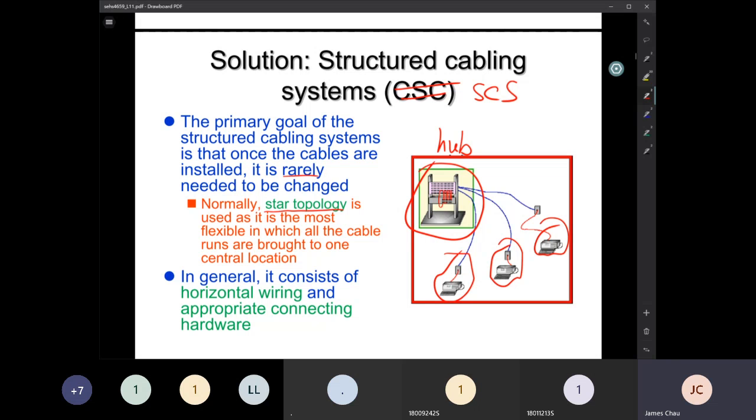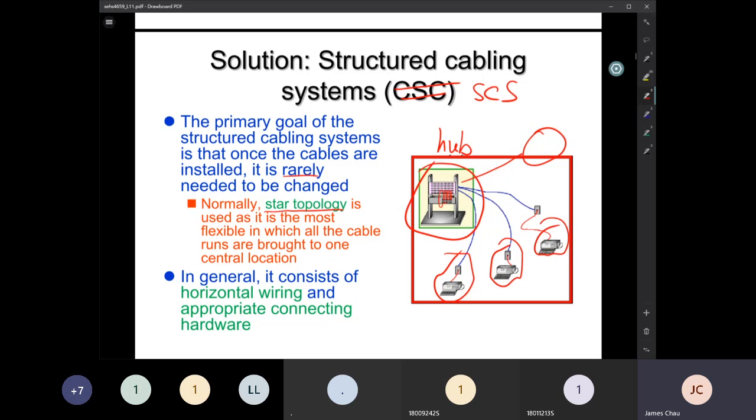So that when you are going to replace one of the systems in the network, you do not need to shut down the network. And also, you can easily extend your network by connecting your hub to another system. Therefore, we found that the star topology is very convenient to use in the structured cable system.